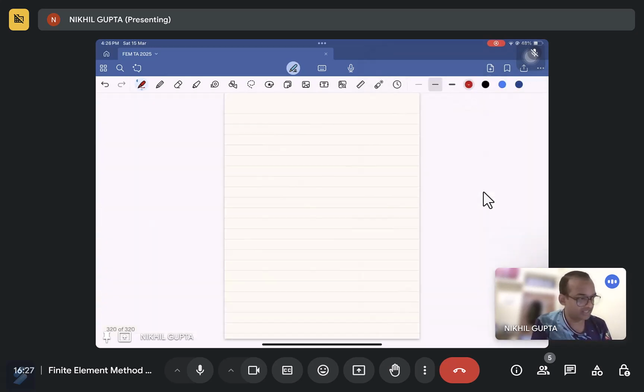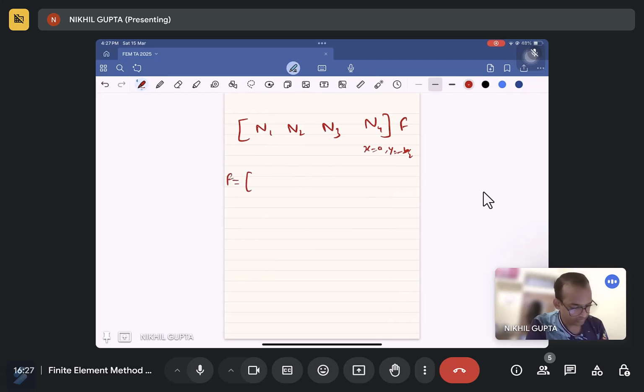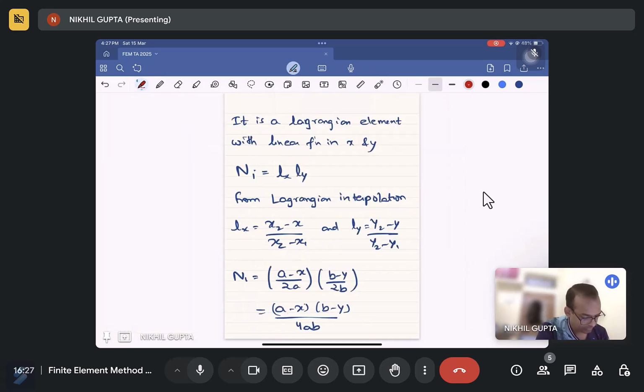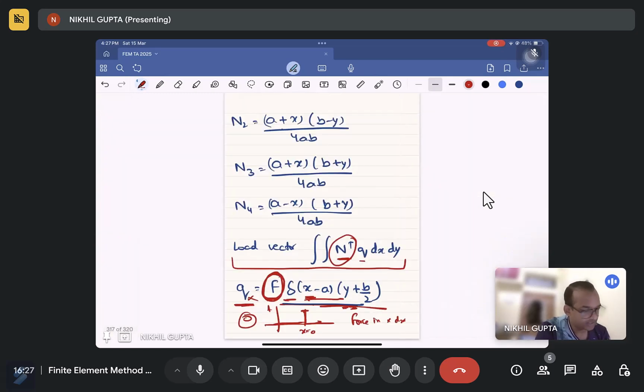So when you get this out as the integration, you can write N1, N2, N3, N4 at that value at x is equal to a and y is equal to minus b by 2, multiplied by f. When you put that value, N1 will be 0, you have calculated this, N2 will give you some value, and N4 will give you 0 because x is there, you will put a and it will become 0.